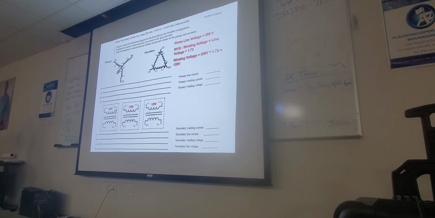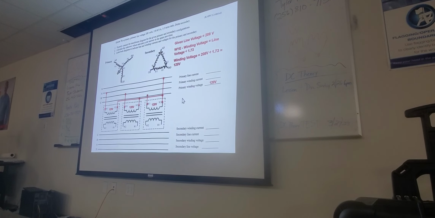So we got 120 at each winding in our transformer. Same connections. A phase X1 to A, X2 to neutral. B phase X1 to B, X2 neutral. C phase X1 to C, X2 neutral.